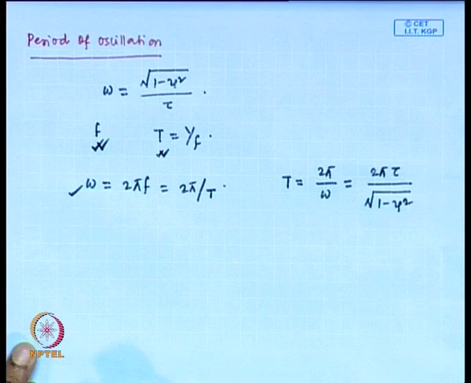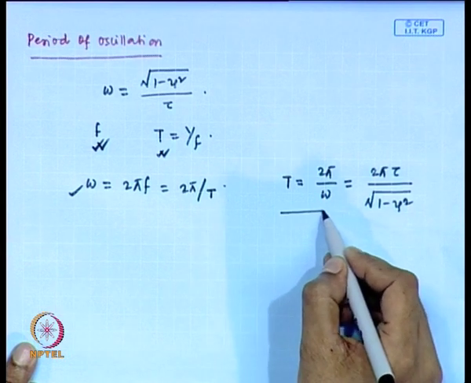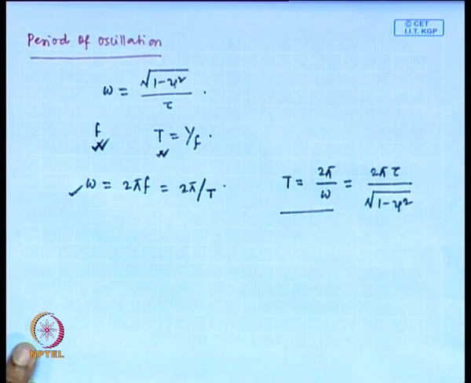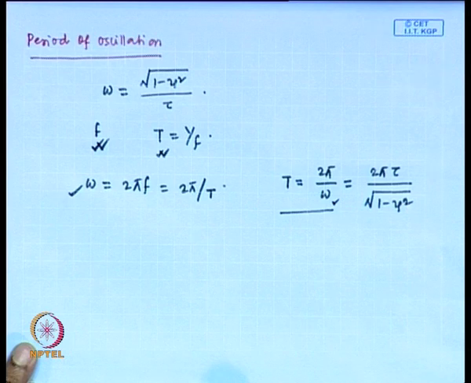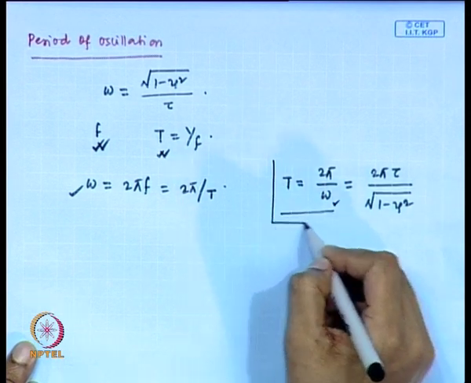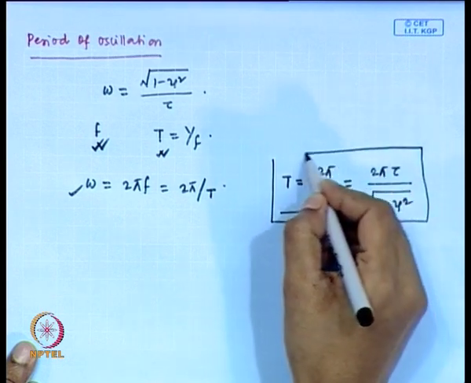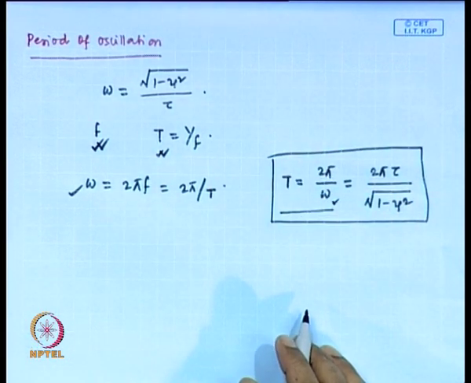Omega equals 2 pi f, meaning 2 pi divided by T. Finally, we can write the period equals 2 pi by omega, and here we substituted the expression of omega, and we finally get the expression for the period. Fine.